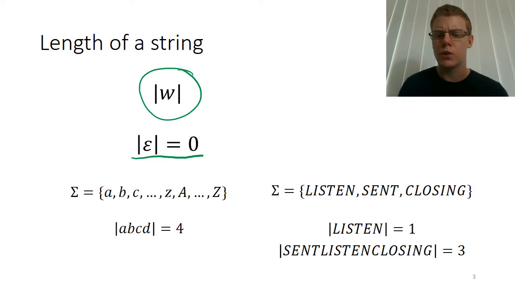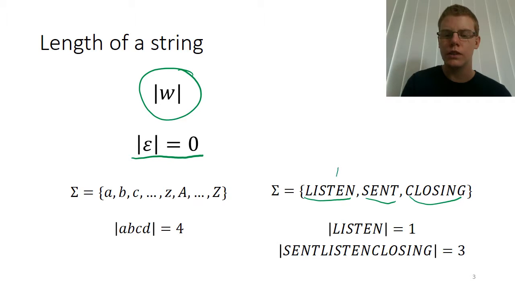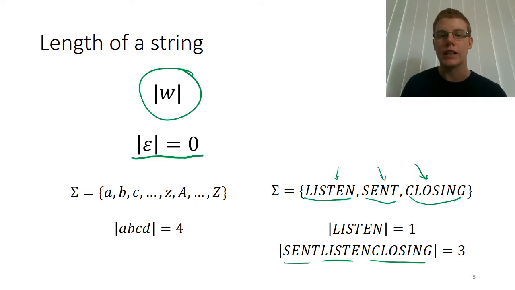But if we talk about this more complicated alphabet here where we've got these composite symbols, it's important to remember that the length of a string is how many symbols are in that string. So because our indivisible symbols are listen, sent, and closing, a string consisting of listen is in this case length 1, or a string consisting of sent, listen, closing is length 3.